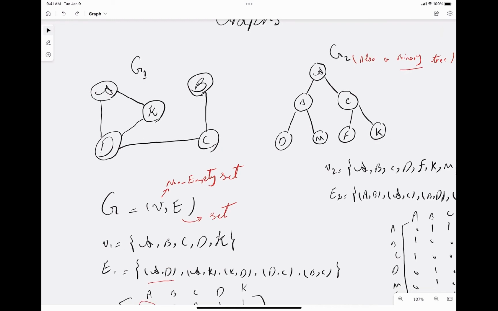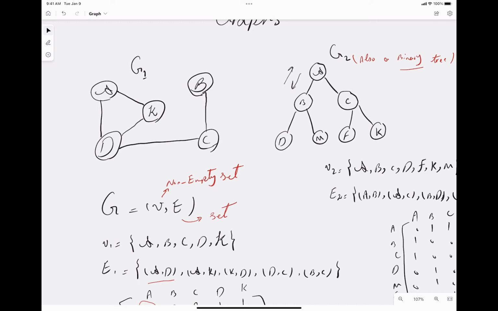As I said, these two graphs G1 and G2 are undirected, which means that if there is an edge between any two nodes, that's a mutual connection. So from A to B, if there is an edge, there is also an edge from B to A, as is the case in the graph G2. But just for the sake of simplicity, we're not repeating the edges AB and BA.